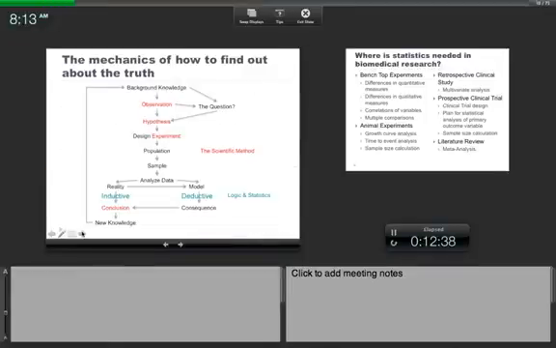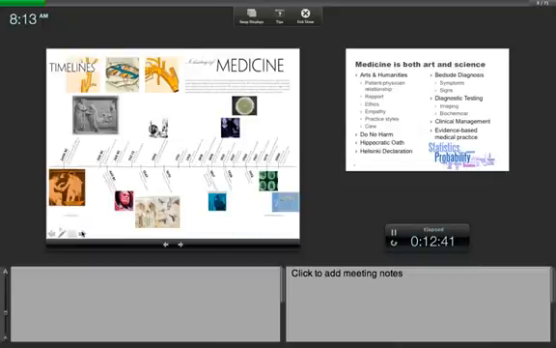But over time, the difference is the attention to details in terms of the human anatomy, and then as the knowledge increased, I think it's the last part here, the last 100 years, that made Western medicine and Eastern medicine diverge.